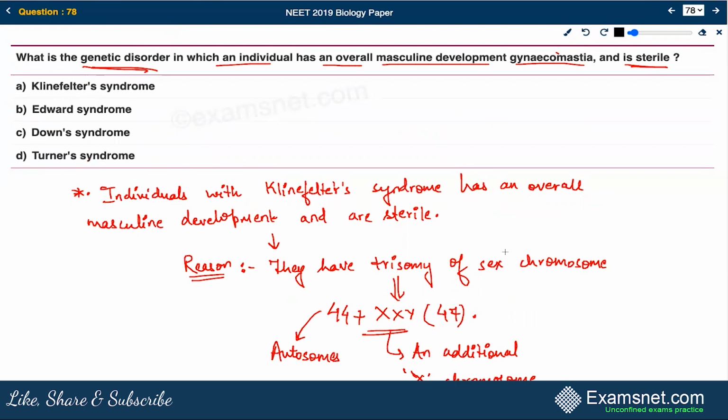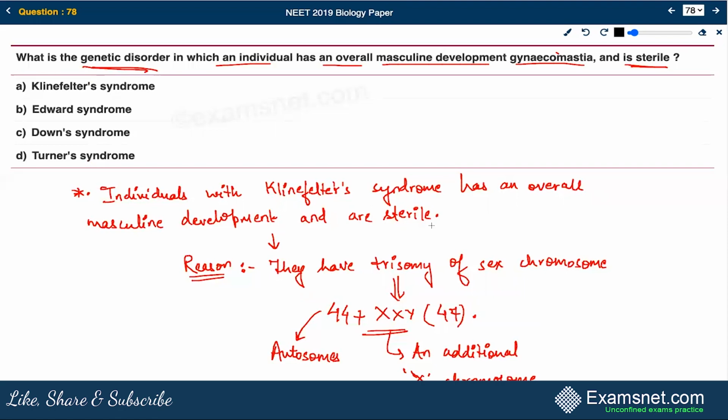All right. While Turner syndrome or Down syndrome is a different kind of condition. Down syndrome also is a trisomic condition, usually in those individuals where the overall brain development is very less.